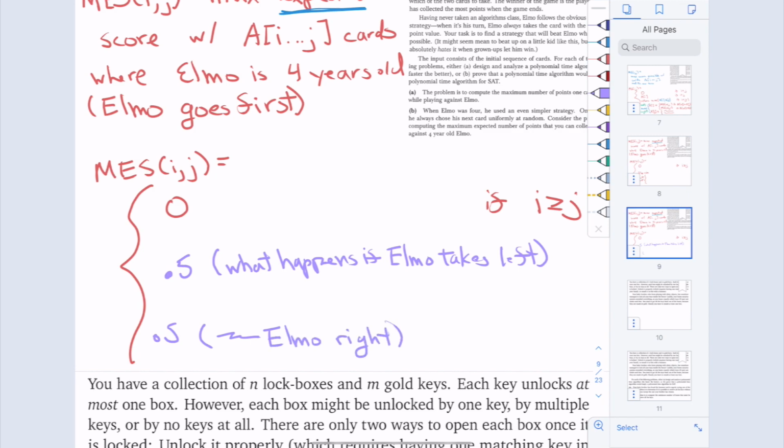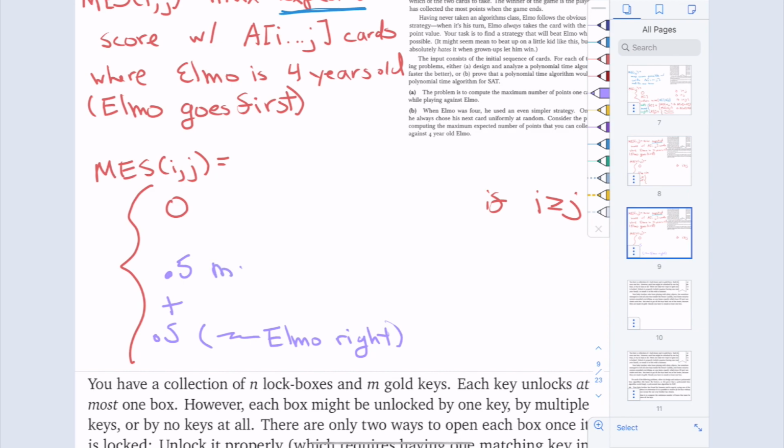So in other words, I would write something like: 0.5 of the time, Elmo would take the left card and go from I to I plus 1, and then we would choose the better of the two.